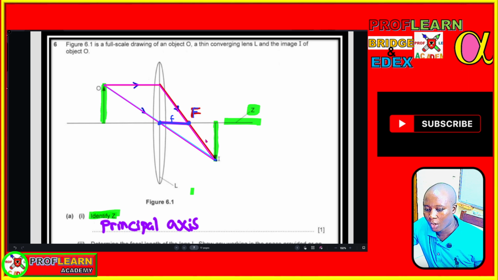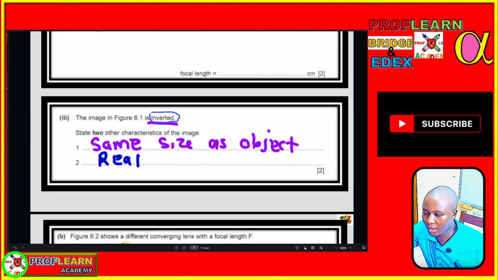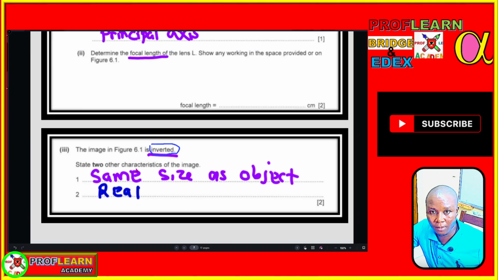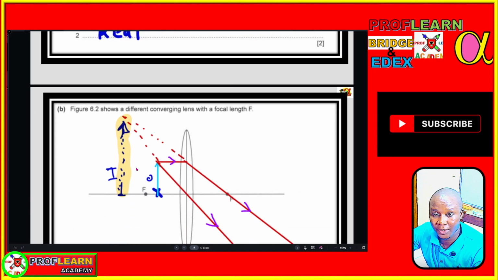So the characteristics are: same size as the object, and real because it is formed by real rays.